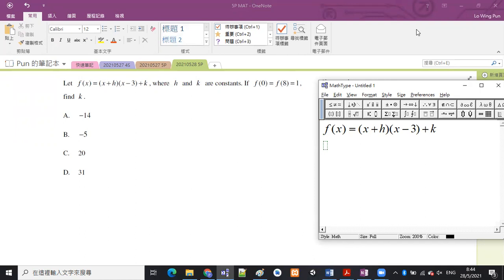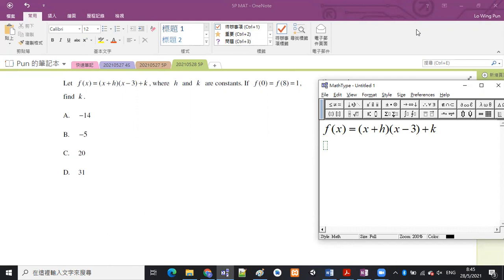Okay, so this is the given information. And the given information is about F(0) and F(8). So what can we do now? Just calculate F(0) and calculate F(8) ourselves first. Do you understand what I mean? Okay, so this is a must. You can't skip this step. You need to calculate F(0) and F(8) yourself first.